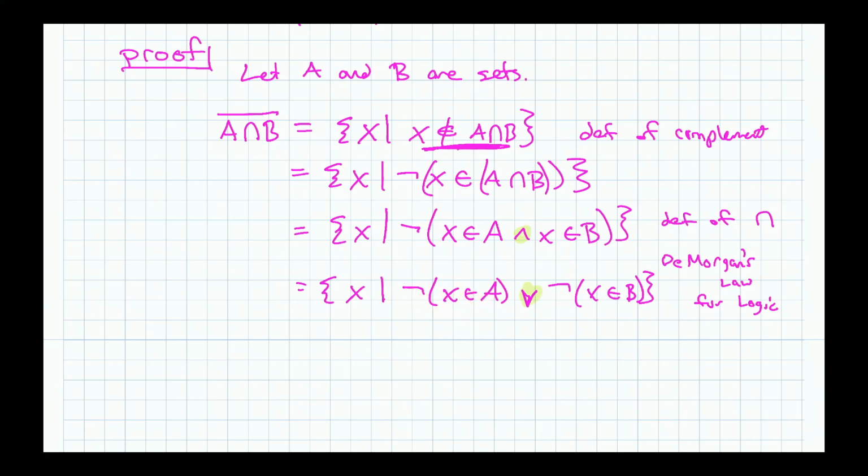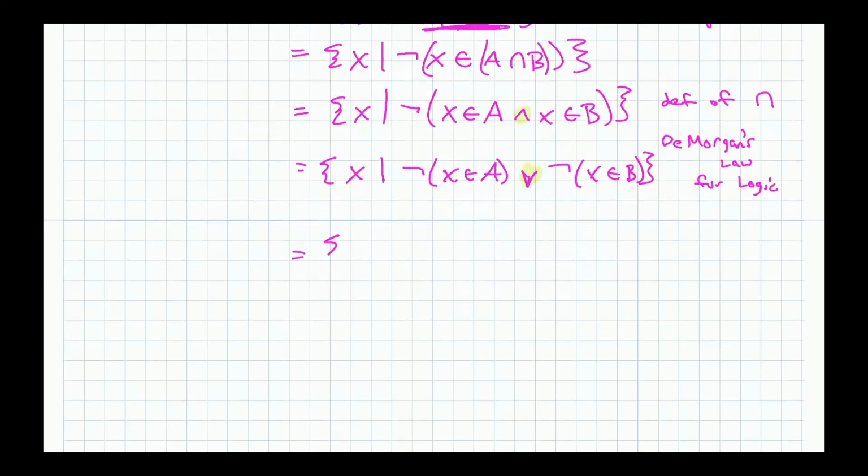Not X in A means X not in A, and the same thing here: not X in B means X not in B. So we can rewrite this as the set of all X such that X not in A or X not in B. Now look at these symbols.